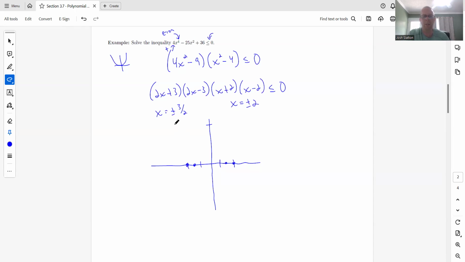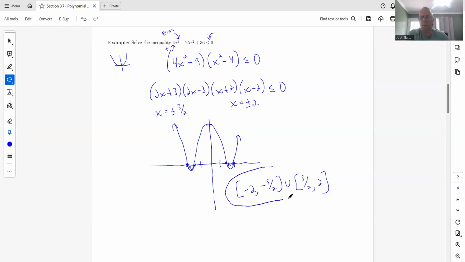We're going to come down, come up there, come down through that one, and then come back up through that. So now where is it below the x-axis? Between those two places. So -2 to -3/2, both with brackets because we had the equal part, and then 3/2 to 2. And that is it.